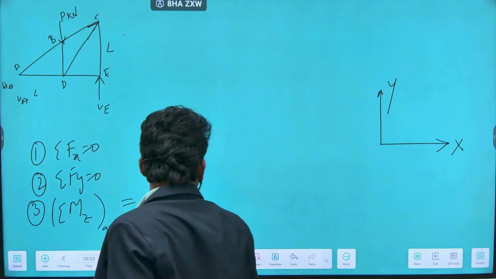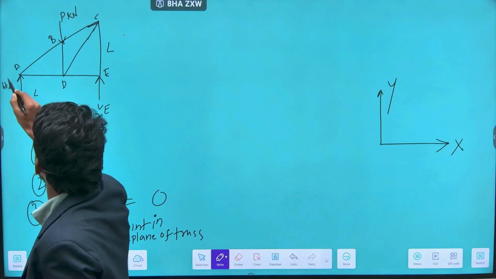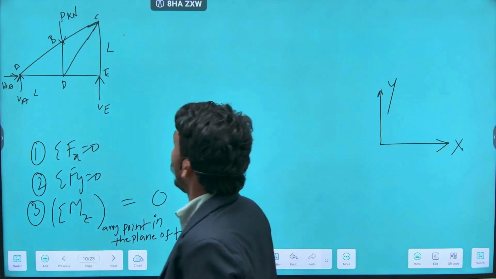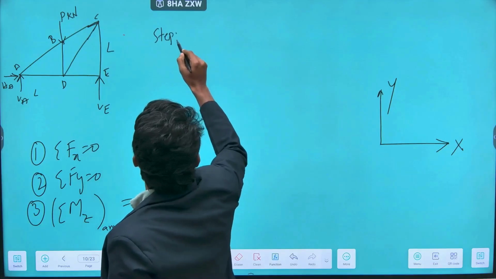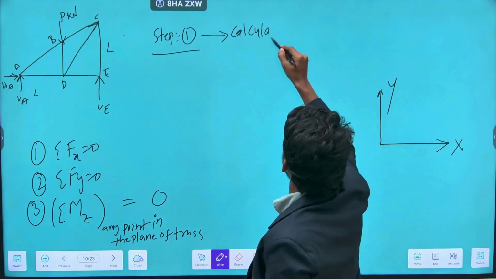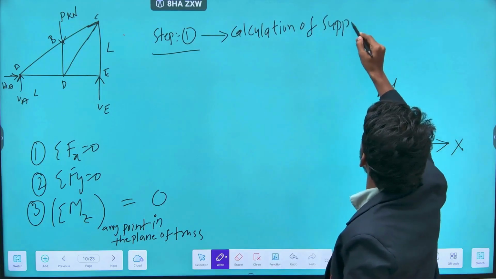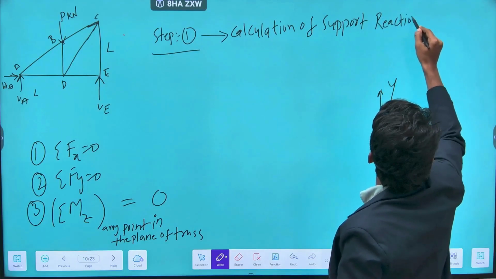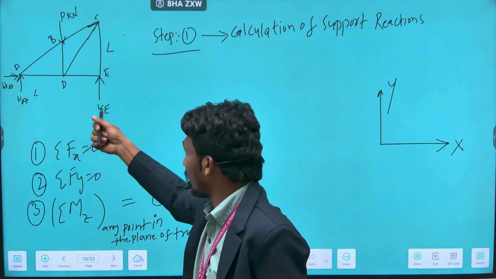In our analysis, we are calculating unknown forces, and among those unknown forces, the external support reactions also have to be calculated. Hence, step 1 is calculation of support reactions. We have to calculate the external support reactions first.